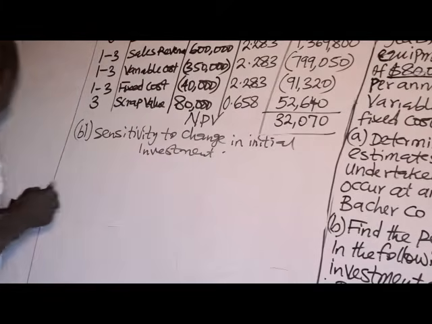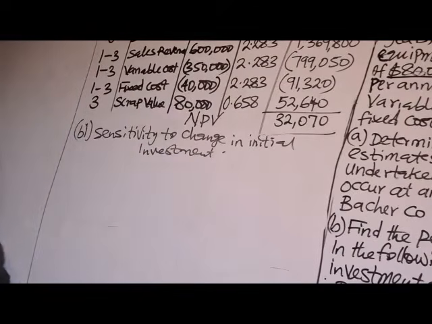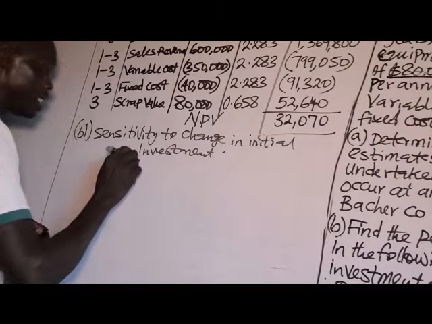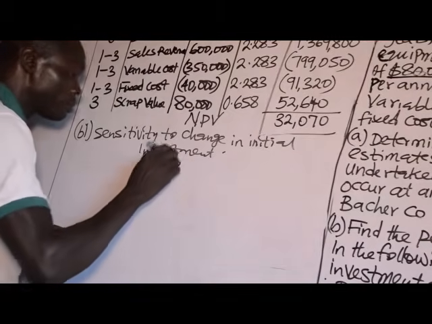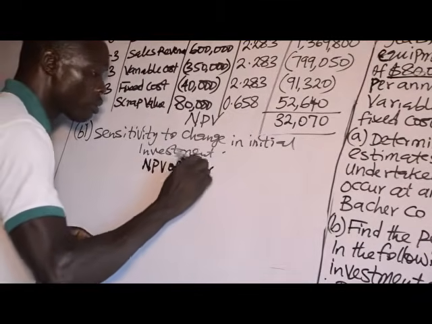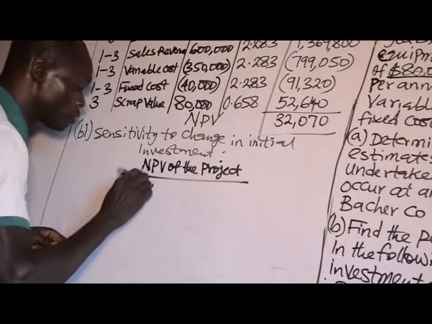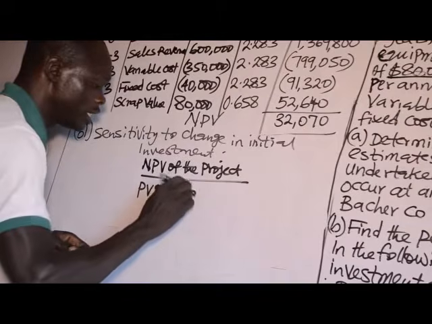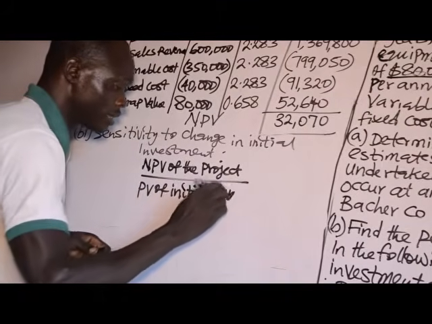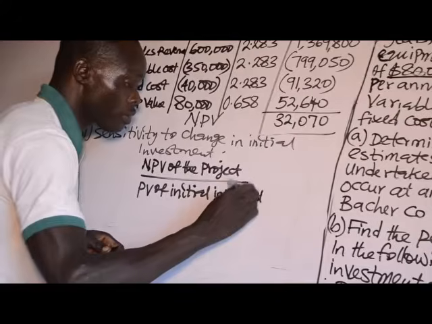Sensitivity to change in initial investment is NPV of the project over PV of initial investment times 100.